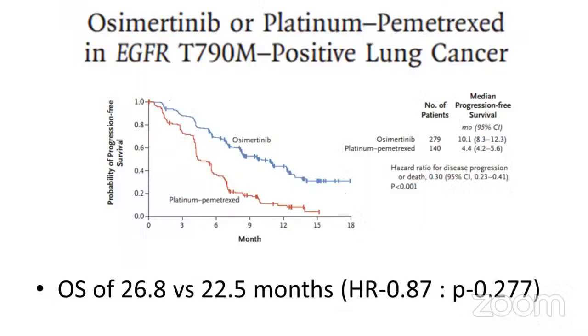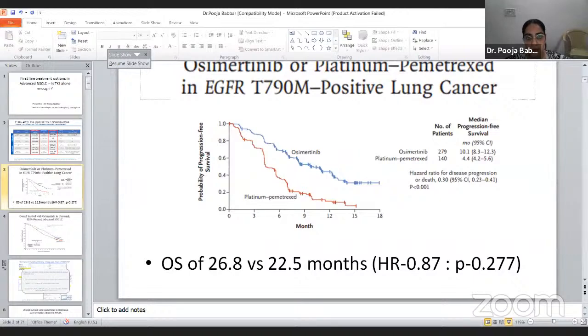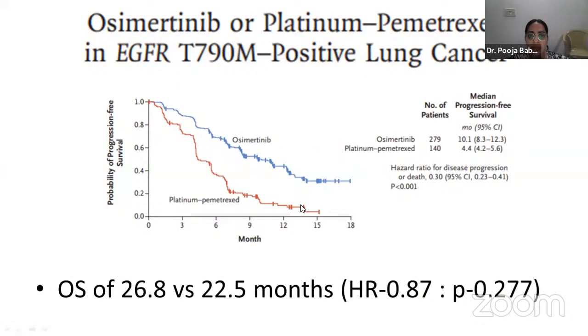Osimertinib or platinum pemetrexed in EGFR T790M mutation positive lung cancer. As we know, osimertinib is the only TKI which has shown an unprecedented improvement in progression-free survival as well as overall survival, both in first line as well as in second line.